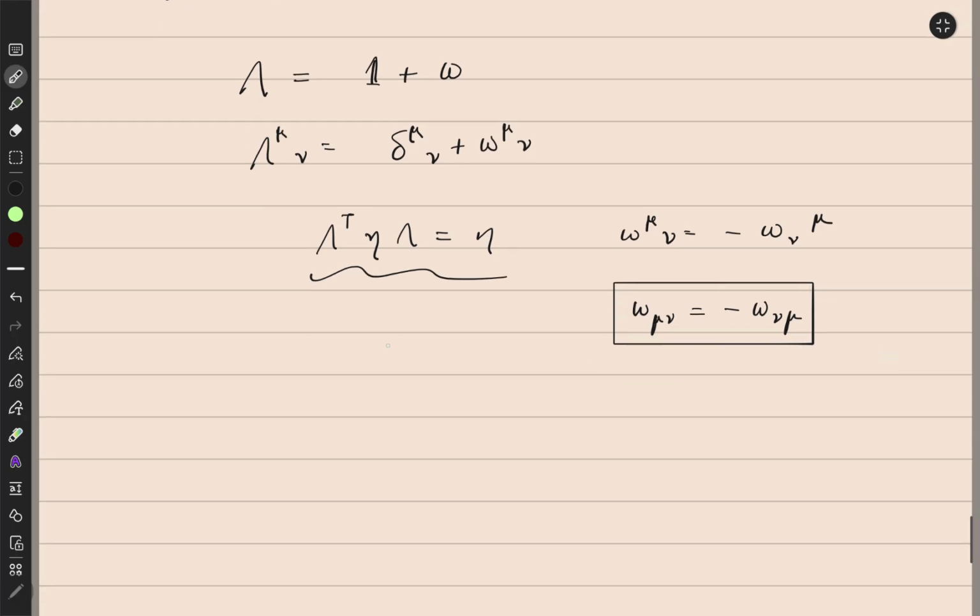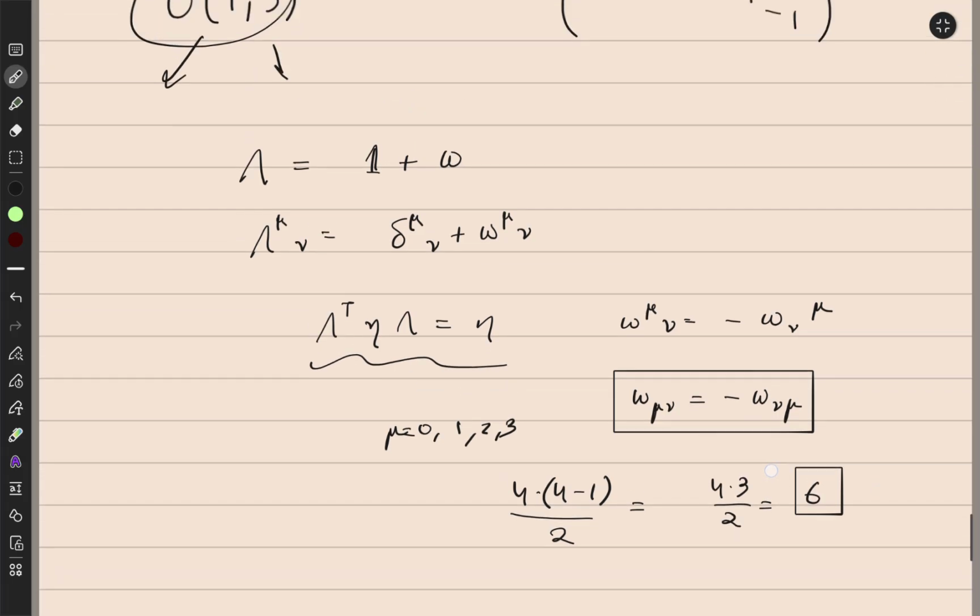Since mu runs over 4 labels 0, 1, 2, 3, a 4 by 4 antisymmetric matrix would have 4 times (4 minus 1) by 2, that is 4 times 3 by 2, which is 6 independent parameters. So this group is parameterized by 6 independent parameters, which are the 3 rotations and 3 boosts, but we can talk about it later.